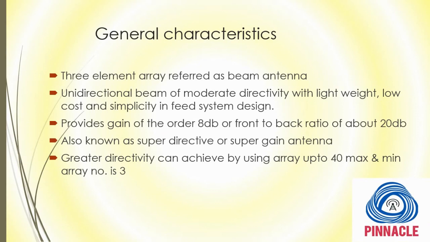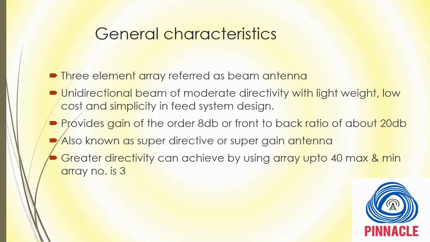Now the general characteristics of Yagi-Uda antenna. It is a 3-element array and is generally referred to as a beam antenna. Its unidirectional beam of moderate directivity, with light weight, low cost and simplicity in feed system design, provides a gain of the order of 8 dB or a front to back ratio of about 20 dB; it is also known as a super directive or super gain antenna.